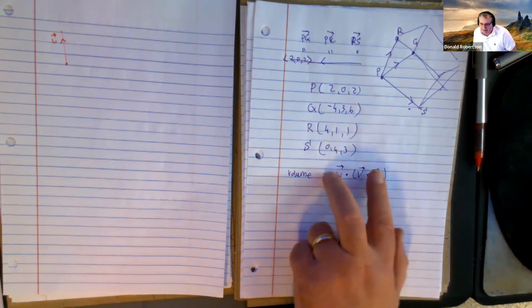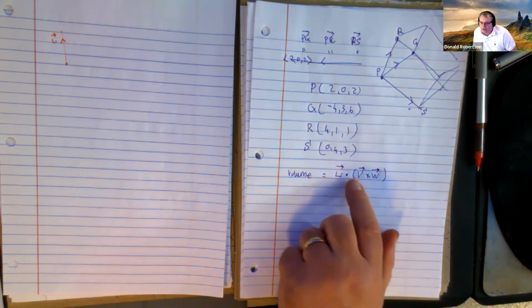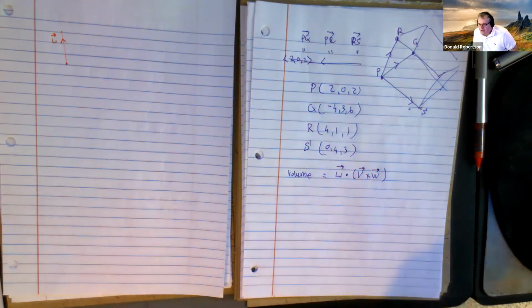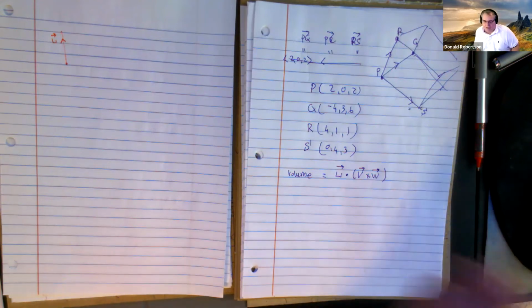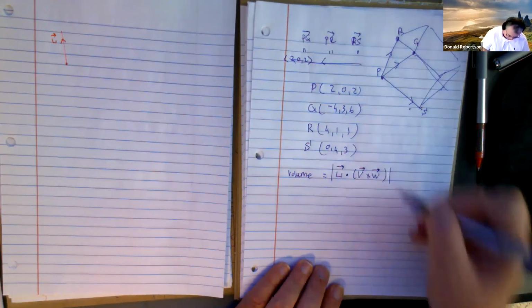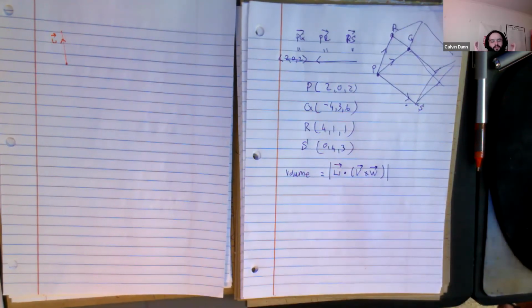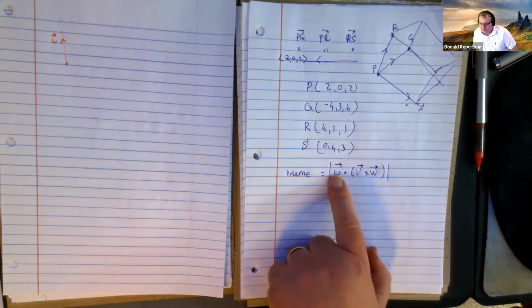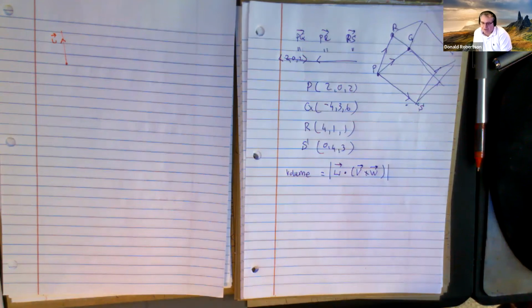Now, technically, they stick an absolute value around it, because if that number is -20, the volume is 20. If it's 20, the volume is 20. So if you see the absolute value around it, that's what they're getting at. The absolute value around the dot product of this with a cross product.